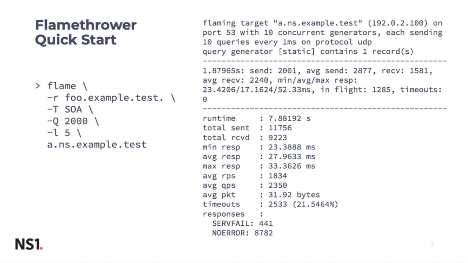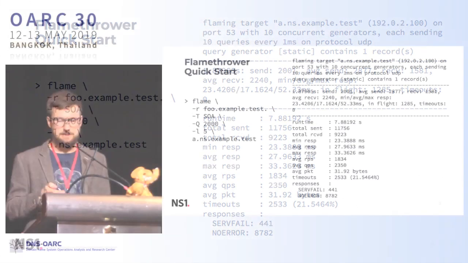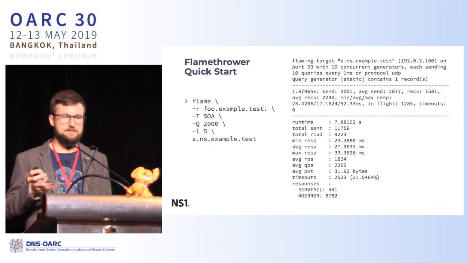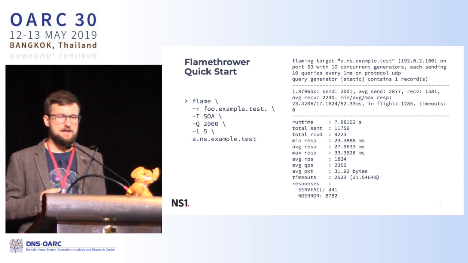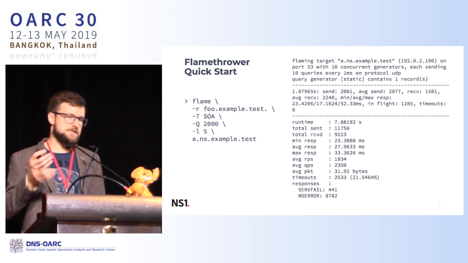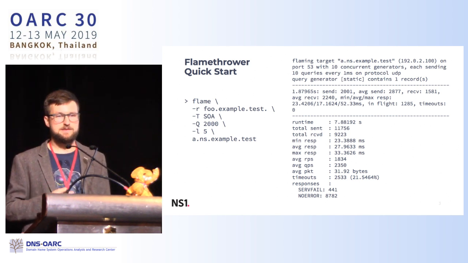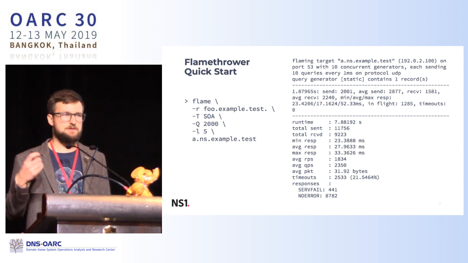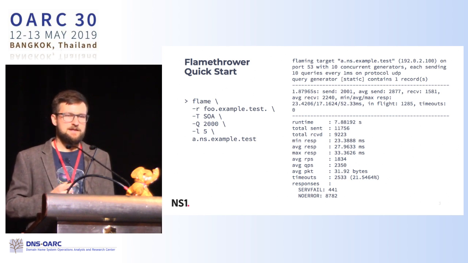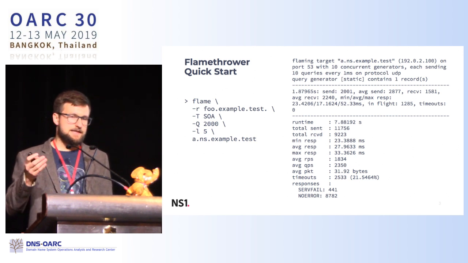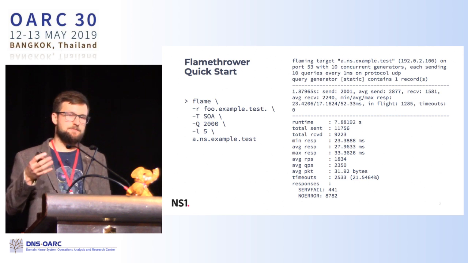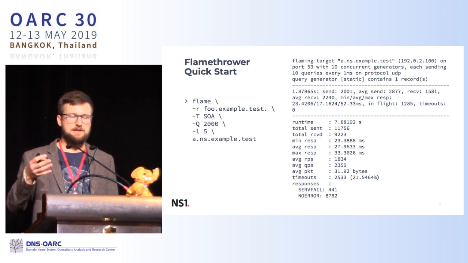So Flamethrower is a command line utility. The utility is called Flame, and you supply some set of named parameters or flags, and the name of the server that you want to test or exercise or flame. So in this case, on the left side, you see a really simple invocation of the utility.